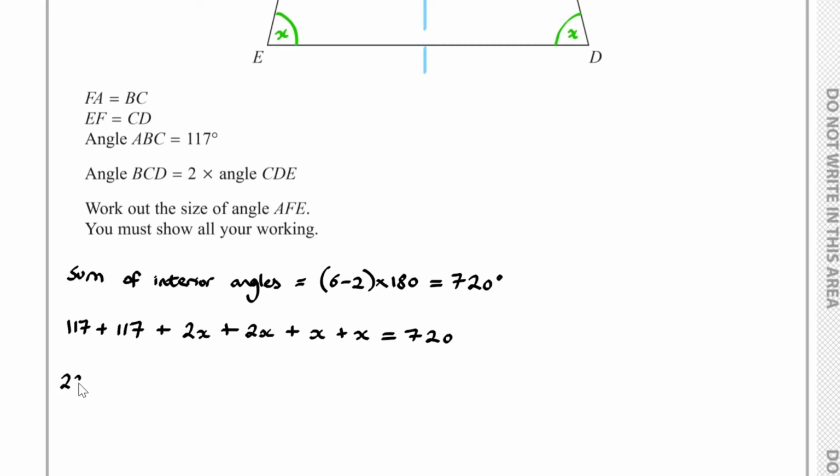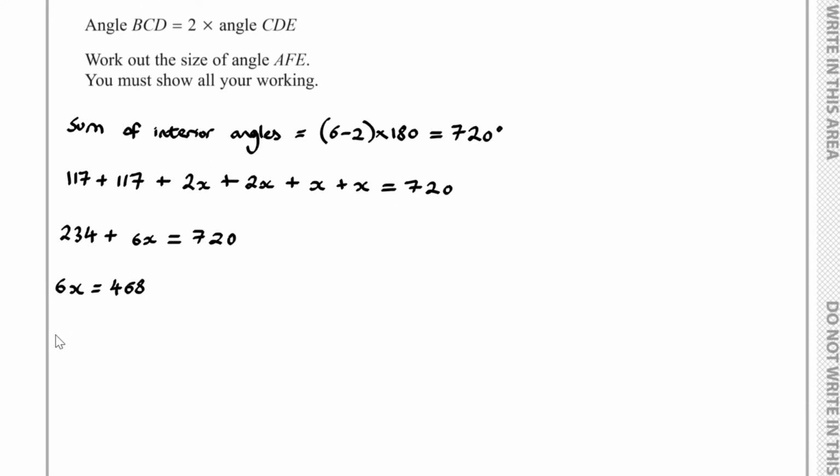So we have here 234 plus 6x, which is equal to 720 degrees. 6x therefore, if I subtract off 234 from both sides, 720 take away 234, that's 468. And now if I divide both sides by 6, 468 divided by 6, that's equal to 81.